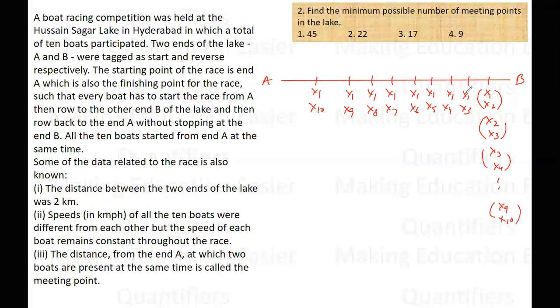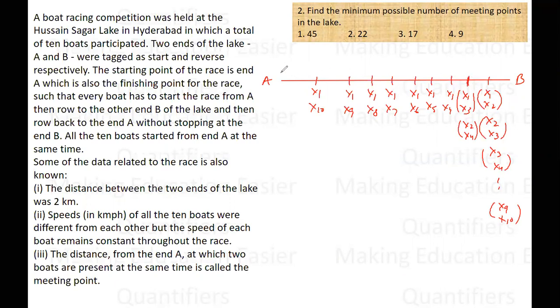Now with the same logic you can also prove that if x1 and x3 are meeting at this point, then x2 and x4, the two boats with a difference of speed of 1, or one boat between them, will meet at this point.